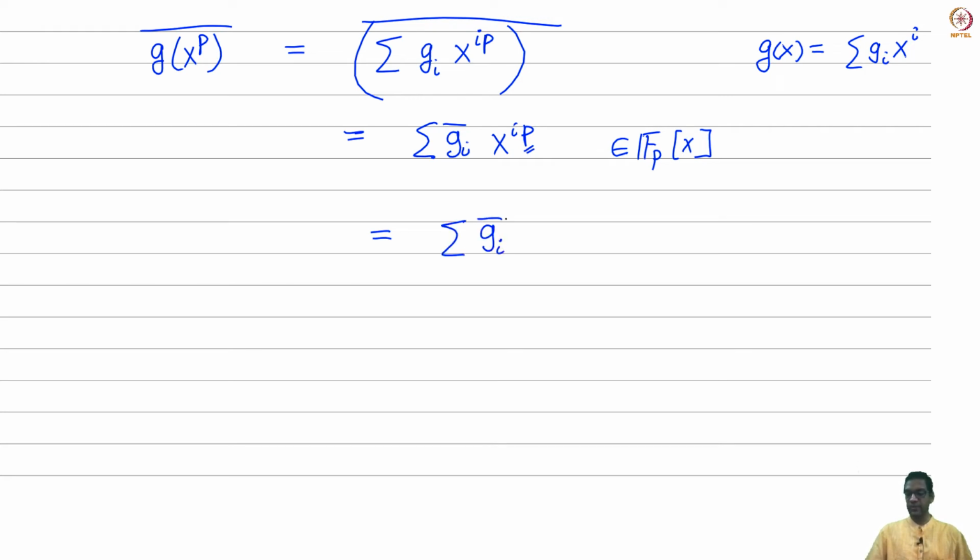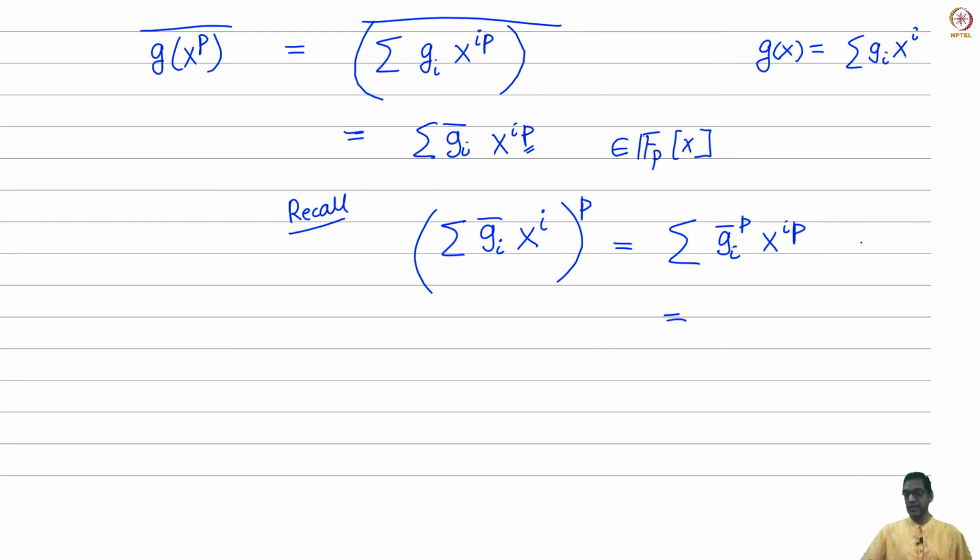If you have a field of characteristic p, then when you want to raise this to the power p, what do you get? Well, you just get the same coefficients raised to the power p. So recall that if I computed this quantity, then that would just be g_i bar to the power p times x^(ip).